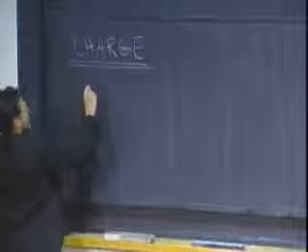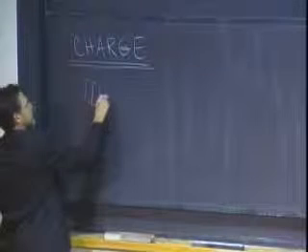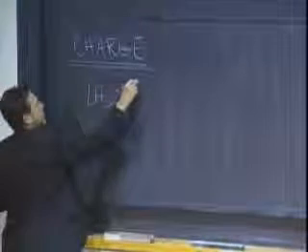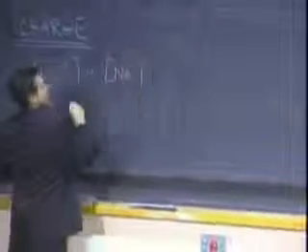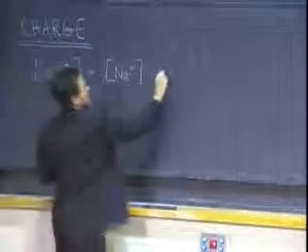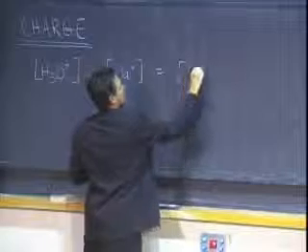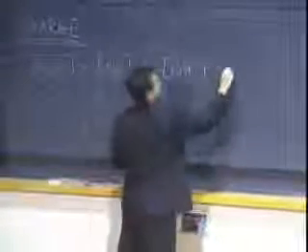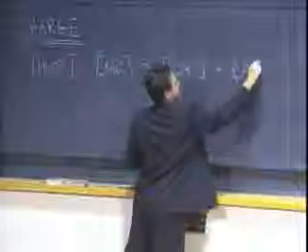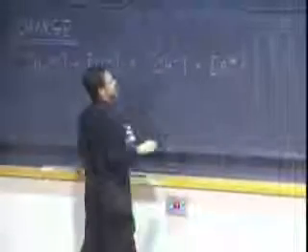The charge balance consideration tells us that the concentration of hydronium ion plus the concentration of sodium ion must be equal to the concentration of hydroxide plus the concentration of acetate ion, A minus.